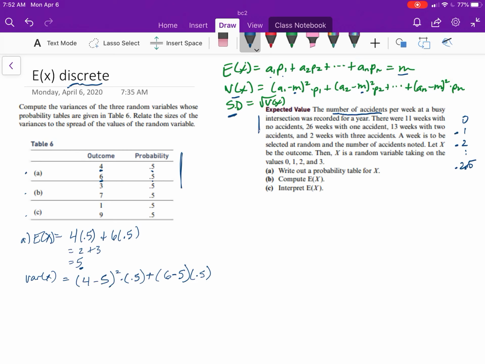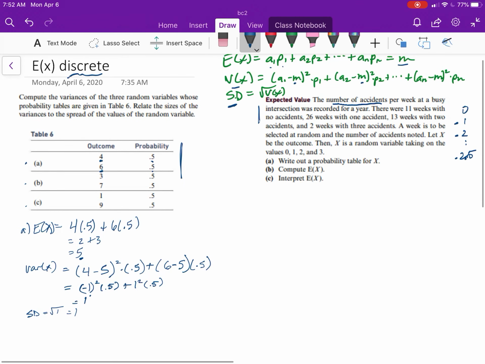In this case we only have 2, so nice and easy: 4 minus 5 is -1 squared times 0.5, plus 1 squared times 0.5. So that's 1 times 0.5, 1 times 0.5, so we get 1. Now I know this problem doesn't ask for it, but the standard deviation is just the square root of that variance, so we also get 1 in this case.